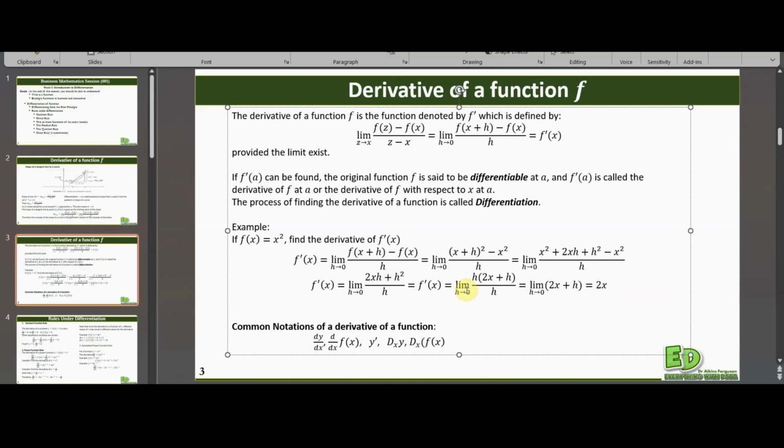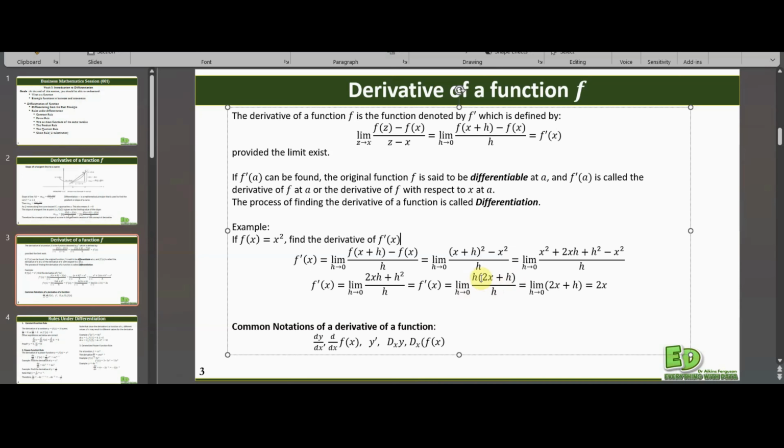So just do basic factorization. We'll factor h out, still having f prime of x is equal to the limit as h approaches 0. We'll factor our h out, leaving us with 2x for the first term, plus h for the second term. If you multiply h by 2x, we get 2xh. If you multiply this h by h, you get h squared, all over your h.